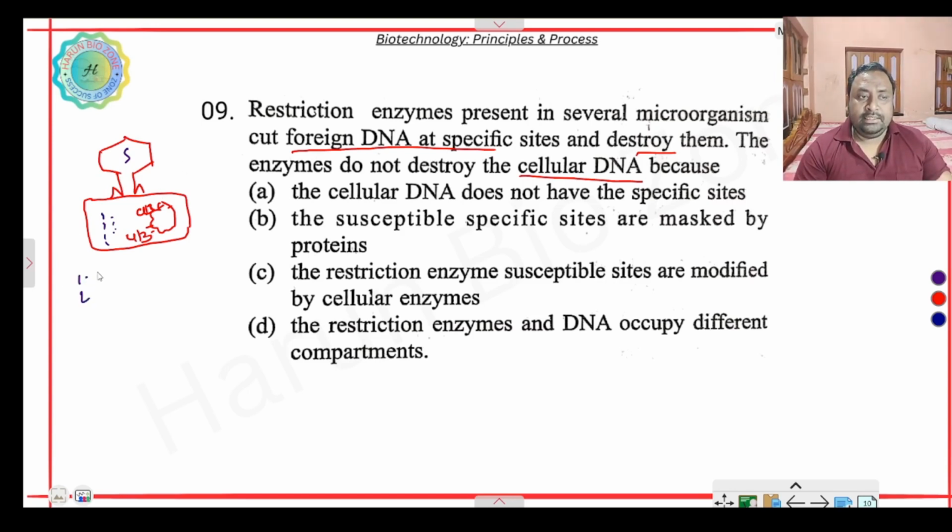One, in the presence of methylase, it methylates its own DNA.